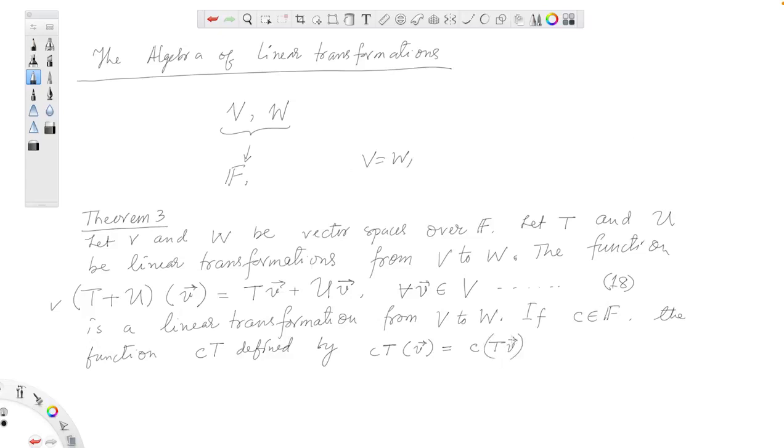T of v is a vector, and that vector gets multiplied with c to give a new vector in the vector space W, right? For all v in the vector space V. This is our equation number 19.